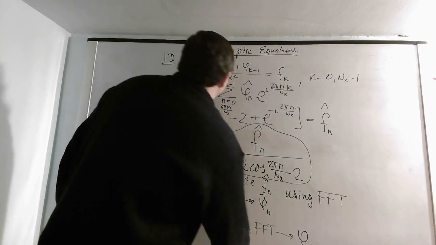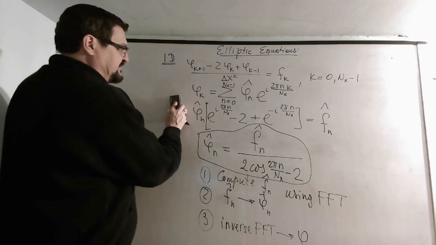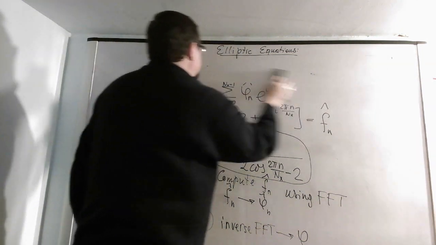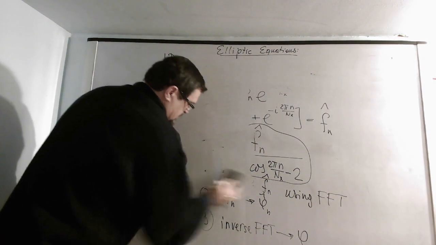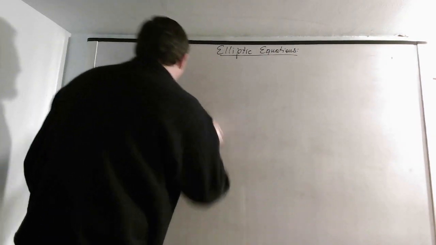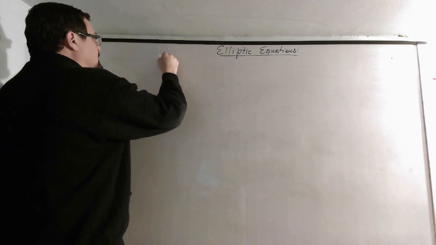So let's write it in more detail. Now you have the two-dimensional finite difference approximation of your Poisson equation. So 2D.